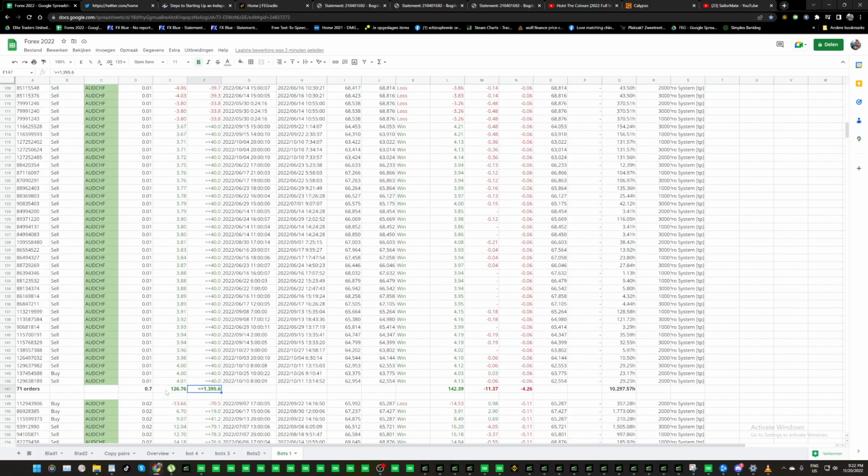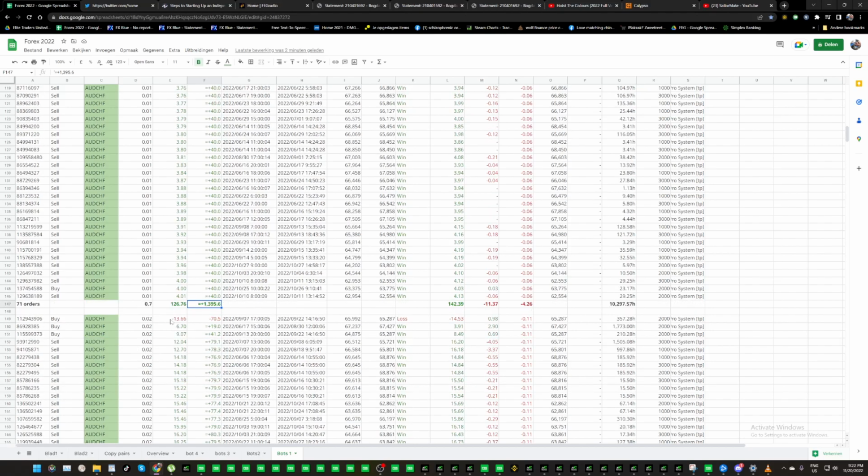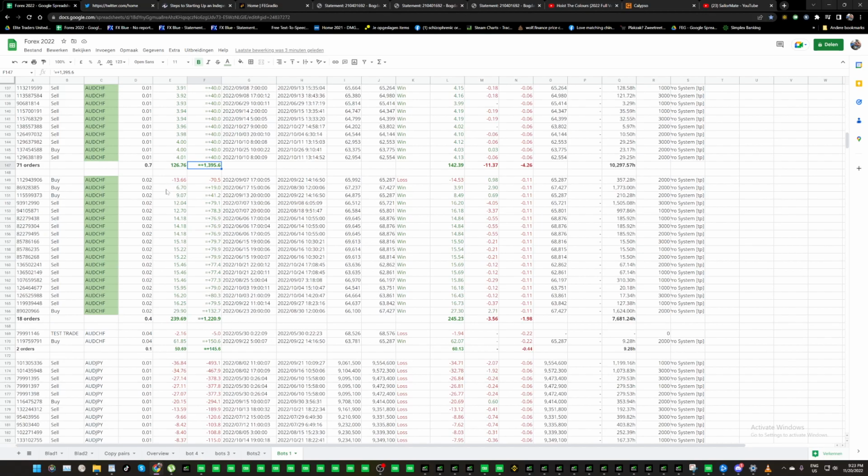We also had a positive pip collection. So I'm very happy about seeing these results because now I can actually start copying only, for example, the 0.01, but even better, because if I look at these results over here, at the 0.02, again we had one loss and the rest were basically winning.